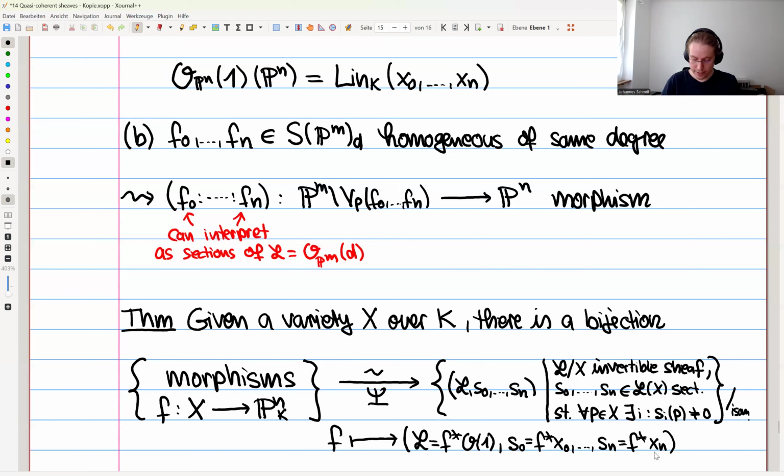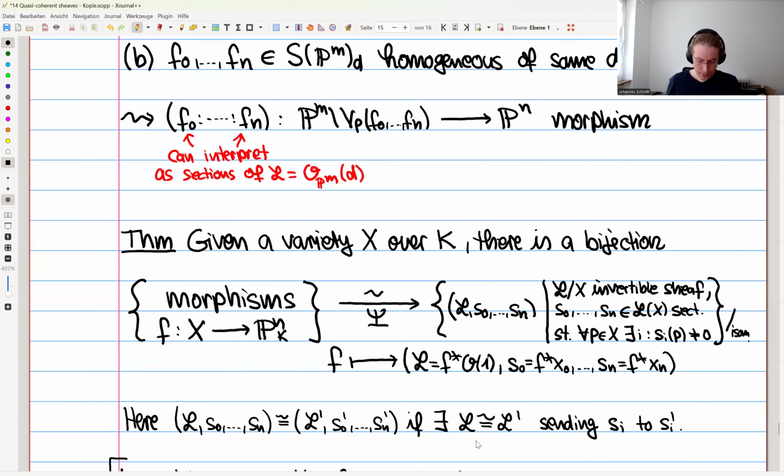And if you pull back these sections, then we have seen you get a section of the pullback line bundle. So these s0 up to sn are now sections of this L. So this is the association, how you go from left to right. In the proof, we're going to see how you go back.